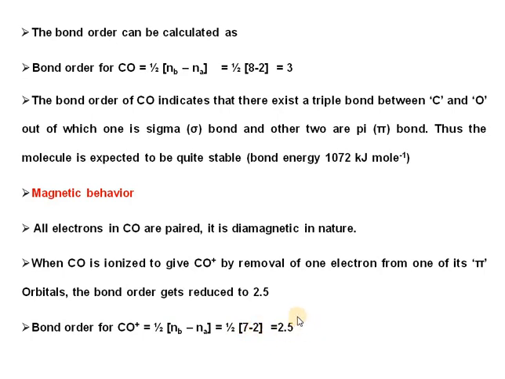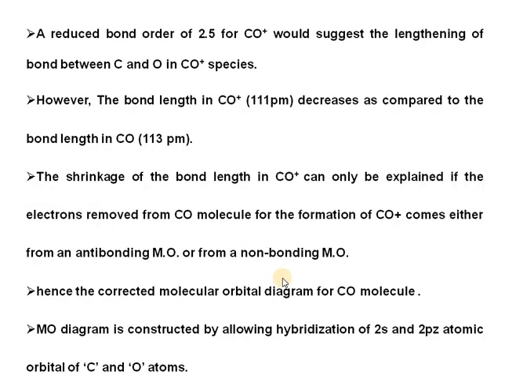This means the bond order of the CO plus ion is reduced. We would suggest that lengthening of the bond between carbon and oxygen can take place in the CO plus ion.